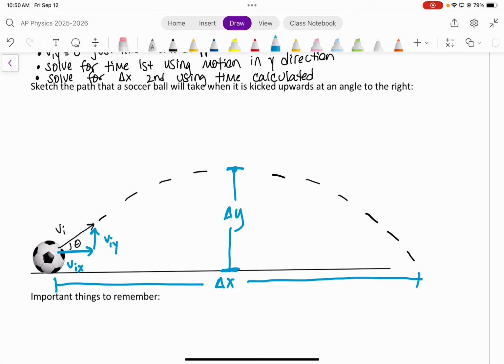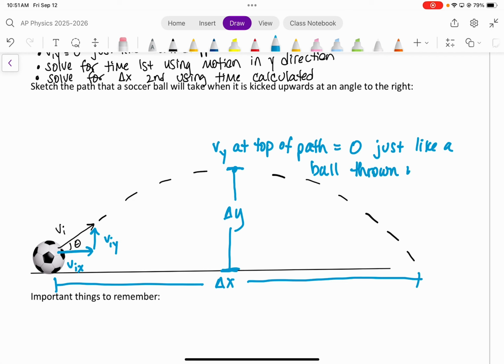But we also know that the velocity in the y direction at the top of the path is going to be 0, just like a ball thrown upward. And the velocity in the x direction will still be constant.